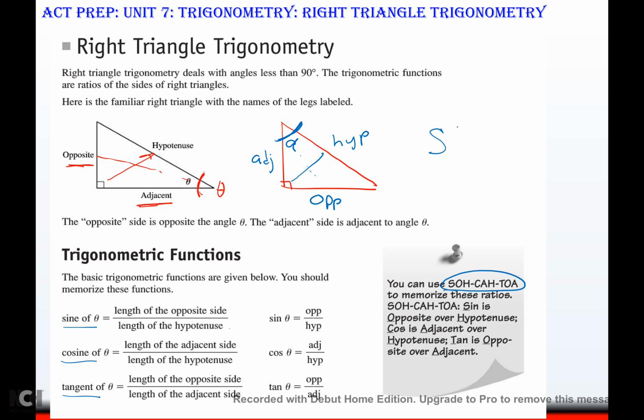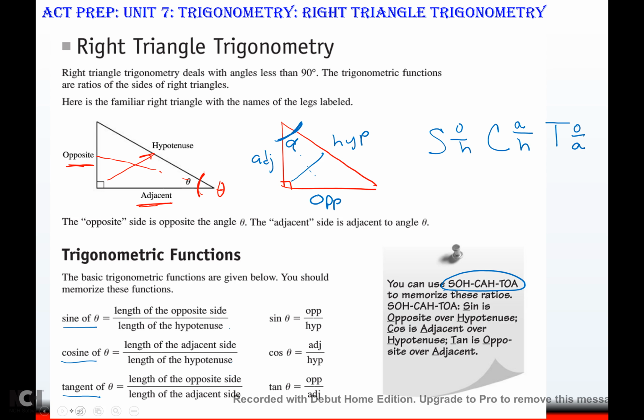Sine is opposite over hypotenuse. Cah is cosine, which is adjacent over hypotenuse. And Toa is tangent, which is opposite over adjacent. If you can remember Soh-Cah-Toa, you'll remember which sides form the ratios for sine, cosine, and tangent.